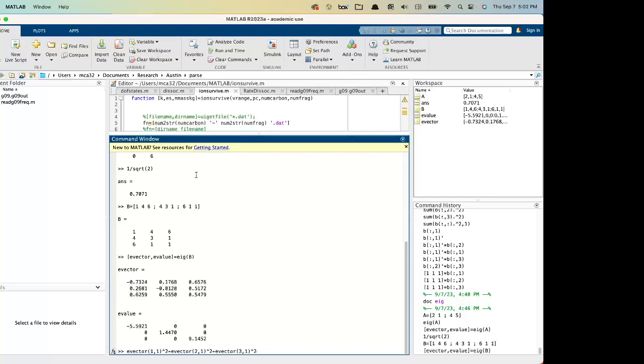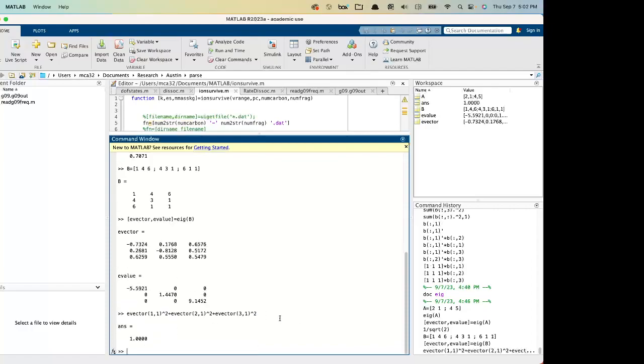So I'm taking 1, 1, which is this guy, 2, 1, which is this guy, and 3, 1, which is this guy. I'm squaring them all, and I'm adding them together. And because it's normalized, the sum is 1. I can actually do this a little more cleverly. I can use the sum command, which sums up values.